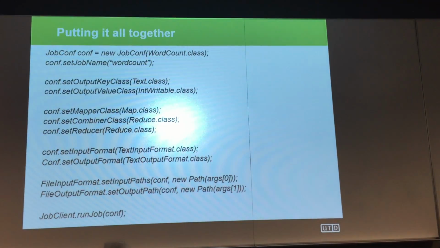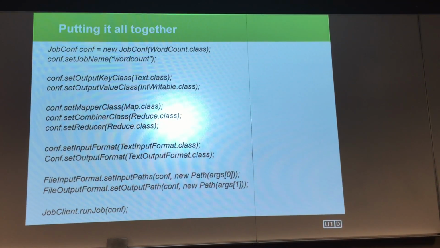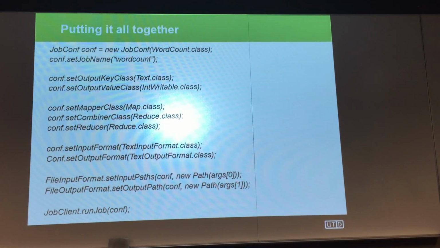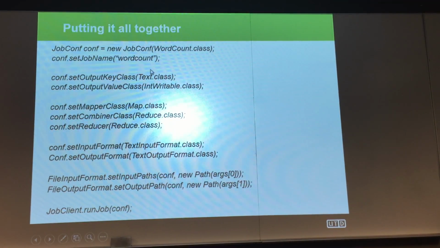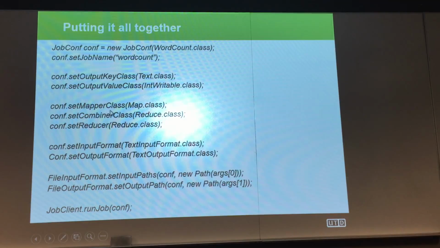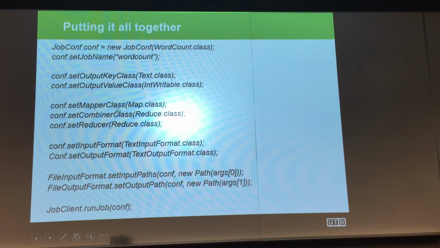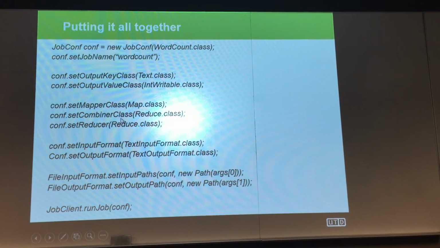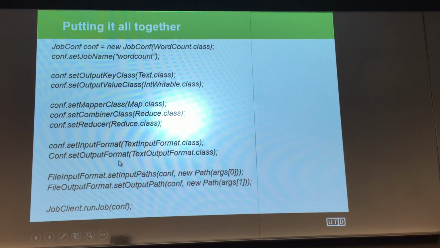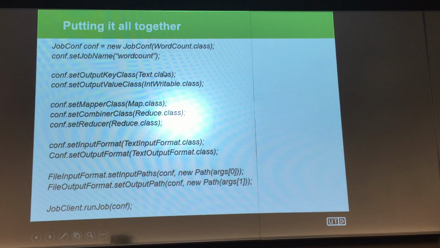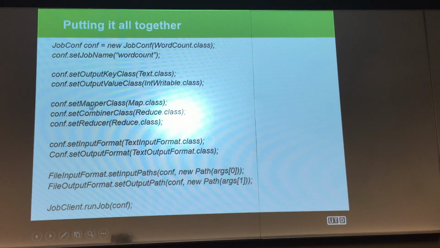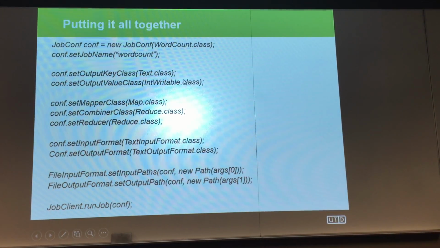So these are more configuration parameters. We're going to set the output key, output value, mapper, combiner, reducer, and the input and output format, and then the path. And once we set those, we can run the job.